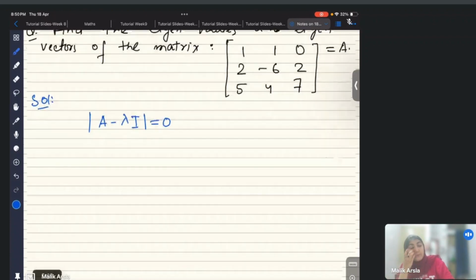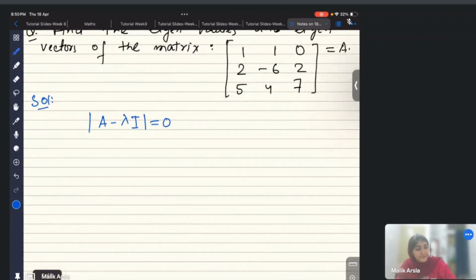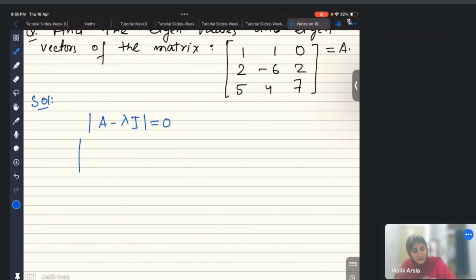So this will be simply equal to the determinant of 1 minus lambda, 1, 0, 2, minus 6 minus lambda, 2, 5, 4, 7 minus lambda, equal to 0.